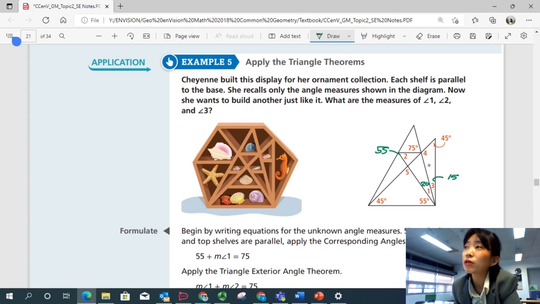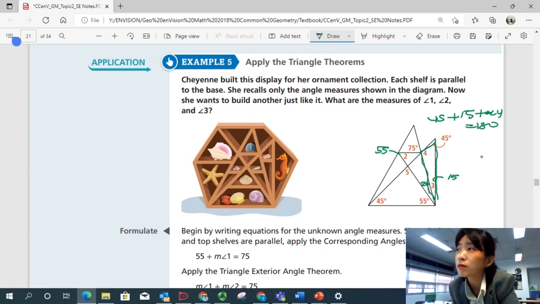So looking at this triangle on the outside, you can use the triangle angle sum theorem and say 45 plus 15 plus measure of angle 4 is equal to 180 degrees. Okay, and you can say I'm going to subtract 180 minus 45 minus 15 to get 120 degrees.